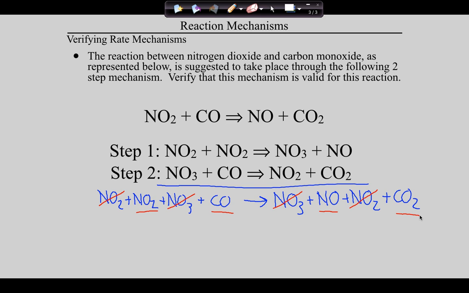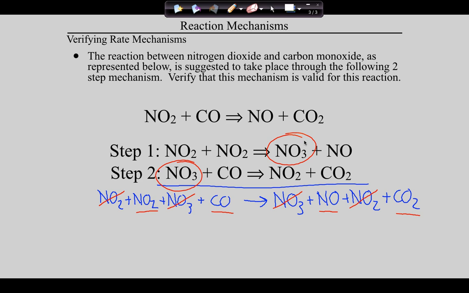By the way, guys, let's do this really quickly. What's NO3? It's not charged. It's nitrogen trioxide, but that's not even my question. Guys, what is NO3? It's an intermediate. It is created by one elementary step.